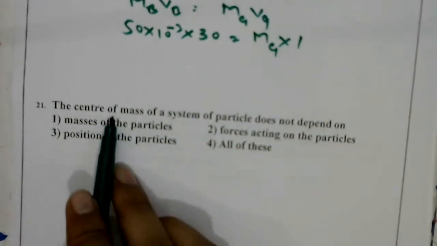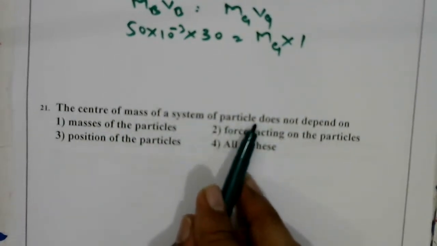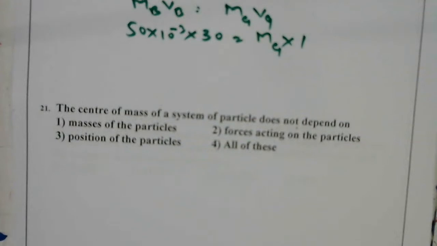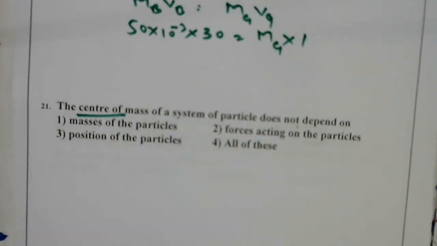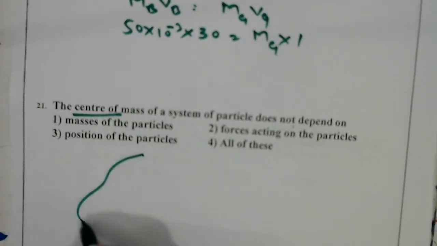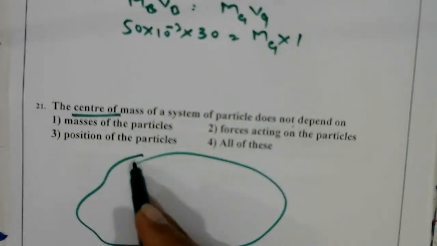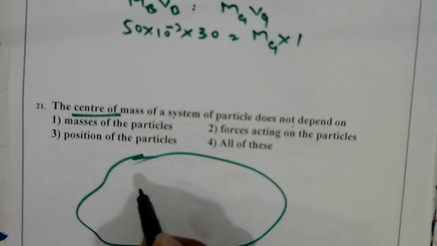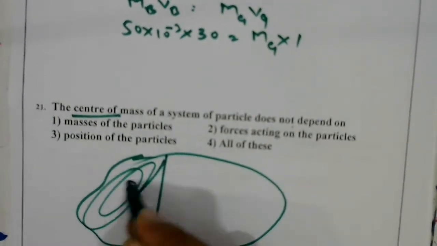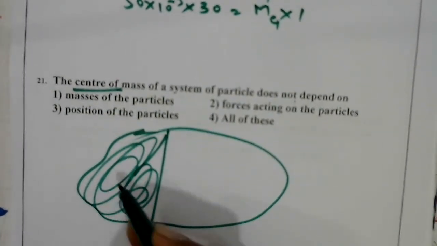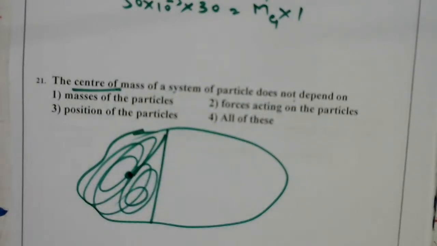Next one. Center of mass of the system of particles does not depend on? Center of mass depends on what? Distribution of mass. So see here like this. For example, on this side more number of particles are there. If more number of particles, center of mass will be toward this side.